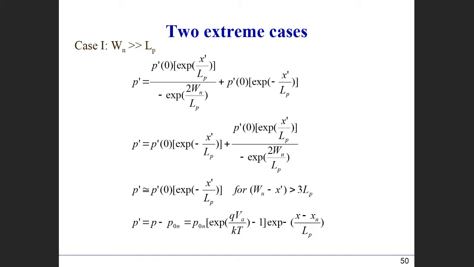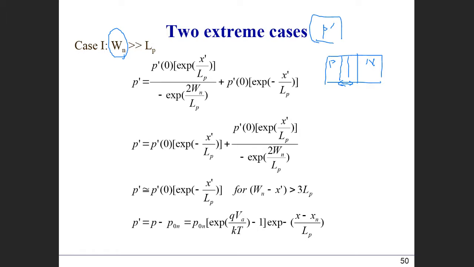Now, before we move further, for the excess hole concentration equation, we look at two extreme cases in terms of Wn. Again, we are looking at this configuration: this is P, this is N, and you have a depletion region existing here.